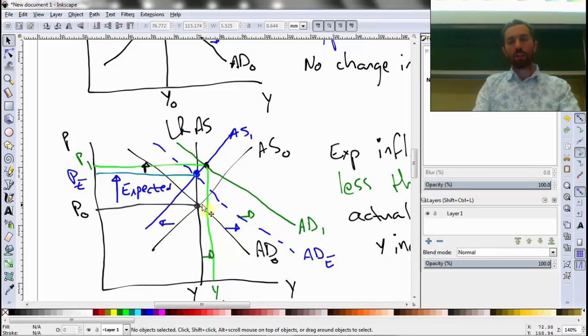We can shift aggregate demand so that our level of inflation rises above the expected level of inflation and at the same time produces a higher level of output. You with me?